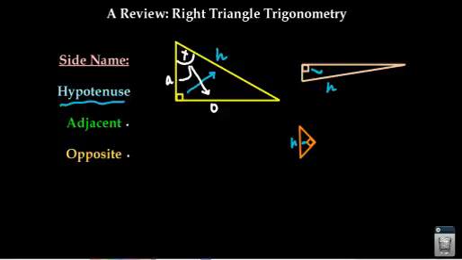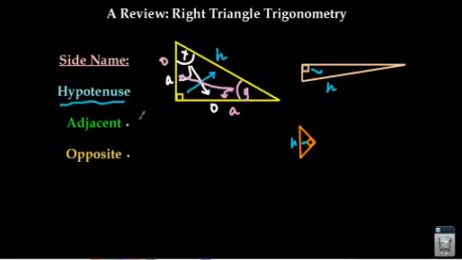But if for some reason we decided to use a different angle, because maybe we needed it, and we used angle y, well, this is no longer my opposite side. For angle y, my opposite side is where x's adjacent side is, and the adjacent side for angle y is the opposite side of angle x.